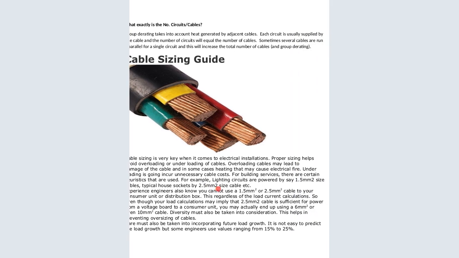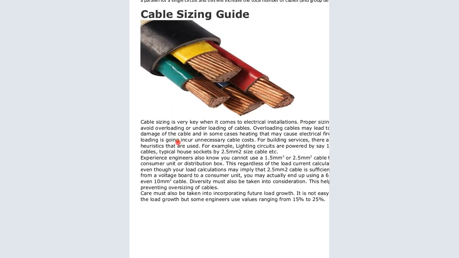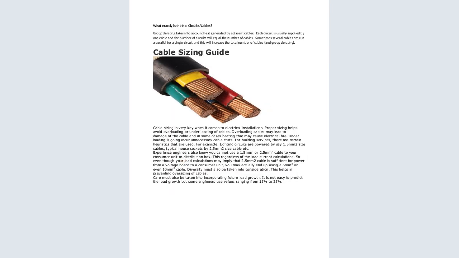So we ask ourselves, what exactly is the number of circuits or cables that are needed in an installation? Sometimes you need to do an installation, and you ask yourself, if I want to do a 3-bedroom house, what is the number of circuits that I need, or what is the amount of cable that I will need to do a specific installation?